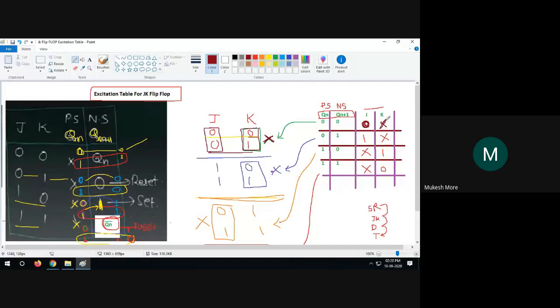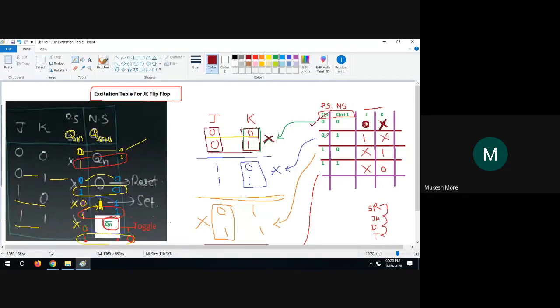So instead of using 0 or 1, I am using the don't care for this combination. So in this case Qn 0, Qn+1 0, J=0 and K equals don't care. Okay. Now the first combination of the excitation table is completed.